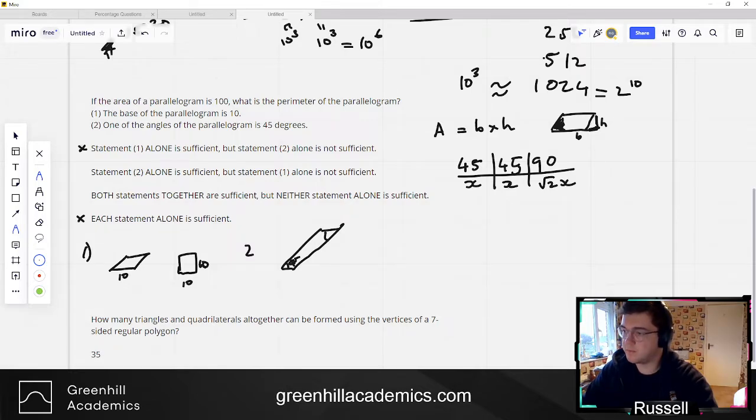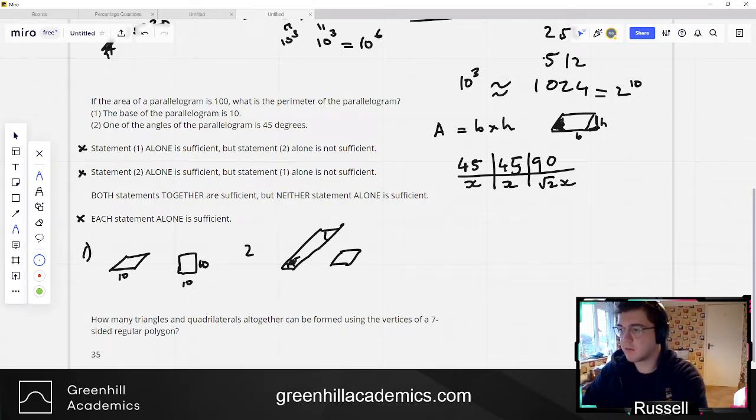And we know that this is going to have a different perimeter than a parallelogram like this. So we know that this is not sufficient.